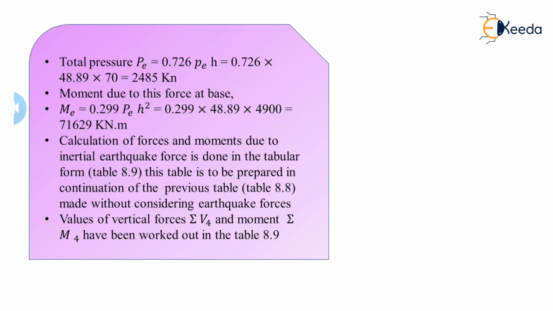The moment due to this force at the base will be found out by ME is equal to 0.299 small PE into H square. Substitute the value, we will get the moment as 71,629 kilonewton meter.